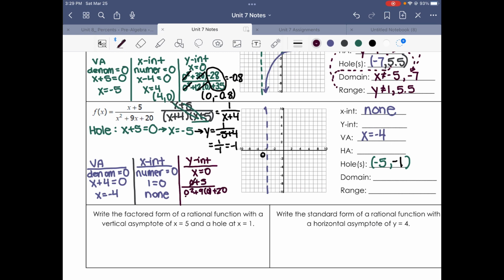And that's going to give me 5 over 20. And 5 divided by 20 is 0.25. So my y-intercept is going to be the point (0, 0.25), about here.